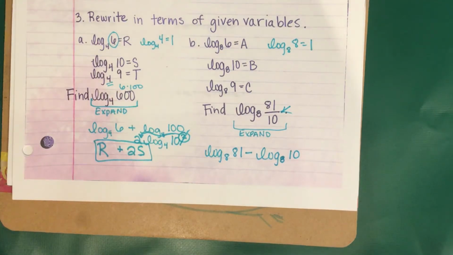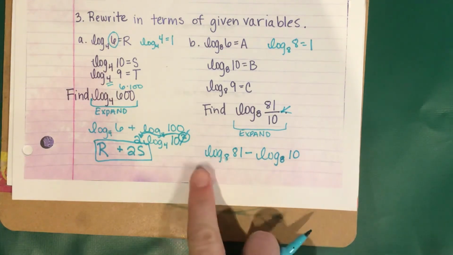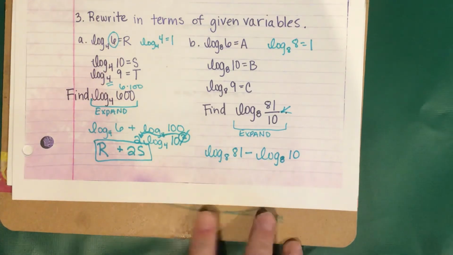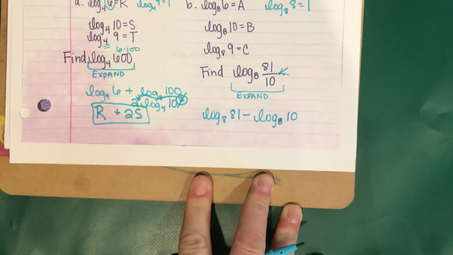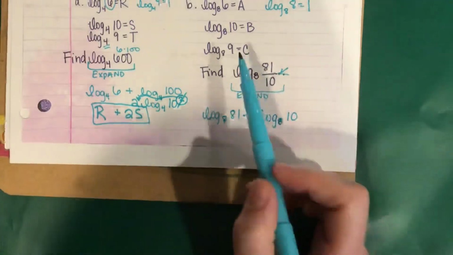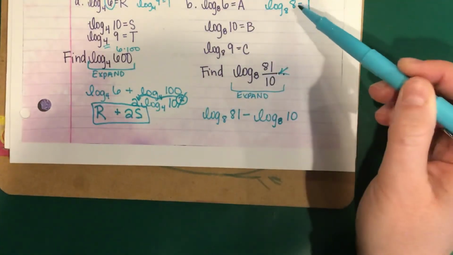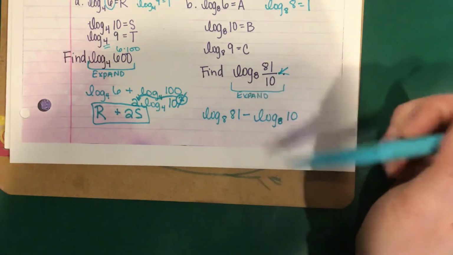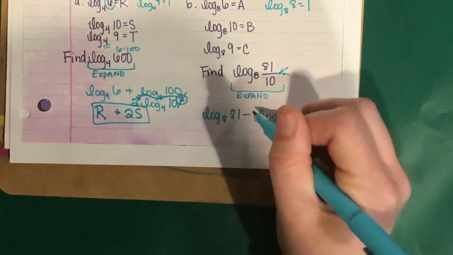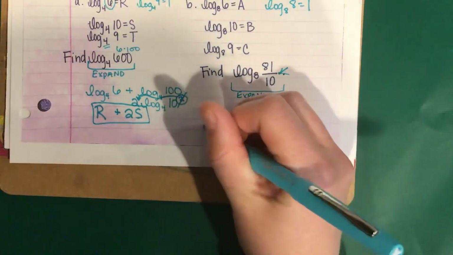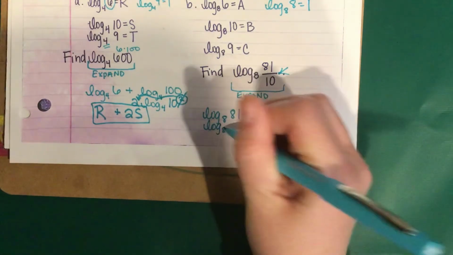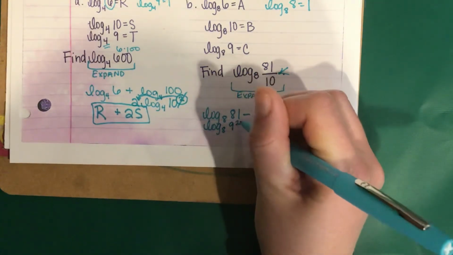So I can do a substitution here already, but let's look over here. When I have that, I know I need to rewrite it in terms of 9, 10, 6, or 8. Well, I've got 81, and 81 is the same thing as 9 squared. So I have log base 8 of 9 squared.